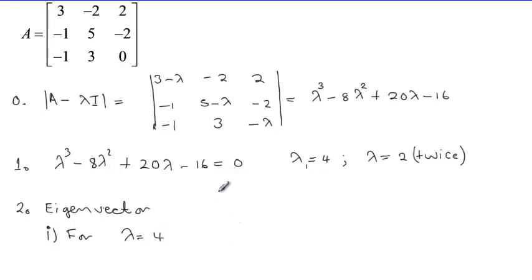Now, for lambda equals to 4, doing this kind of calculation, we have a matrix here: 3 minus 4 to give us minus 1, minus 2, 2; minus 1, then 5 minus 4, that will give us 1, and minus 2; last row will be minus 1, 3, minus 4, which is our lambda.